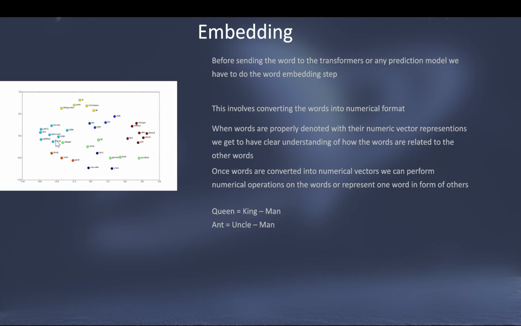As you can understand, king and queen will be in a somewhat similar zone, and poor man, poor woman will be in another zone, or animals in another zone, because the numerical representations of all these features will have some similarities, and if we plot them correctly, then these kinds of groups can be formed. It will form automatically if embedding is done correctly.